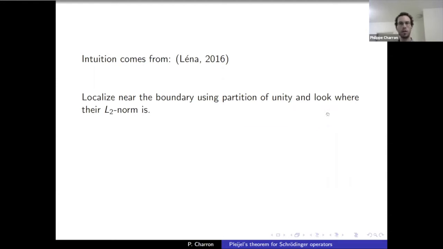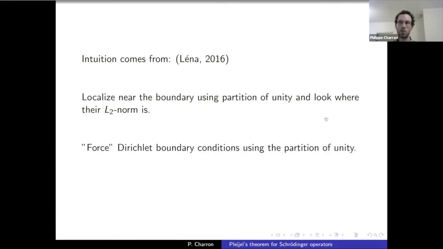When you look at Corentin's article from 2016, instead of looking at eigenfunctions that touch the boundary, you looked at eigenfunctions which had their L2 norm restricted to any nodal domain, which when you localize to the boundary didn't change, or when you localize away from the boundary didn't change. And you know that basically the L2 norm has to be either left or right. It cannot be nowhere. So if you're able to localize somewhere, then you can apply the estimates that apply there. So you really localize by force.